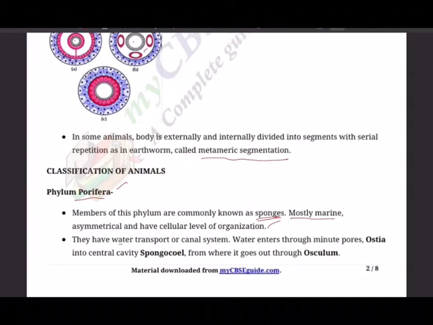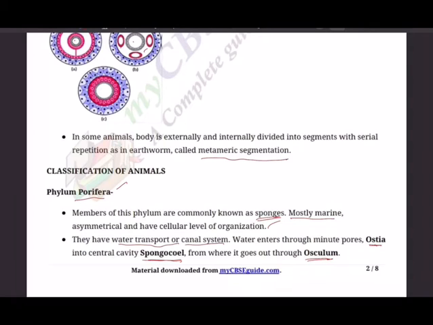They have a very good water transport system or canal system. This is a clue that in future, when the animals evolve, there will be a circulatory system. Water enters through minute pores called ostia into a central cavity called spongocoel, from where it goes out through the osculum.